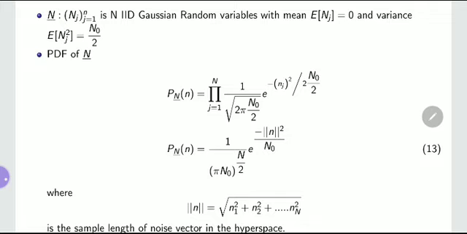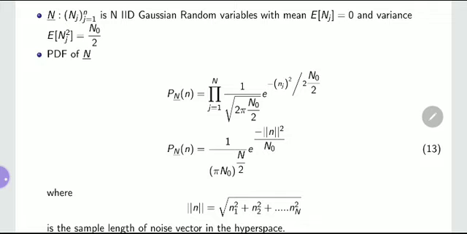So the PDF is given as product over j equal to 1 to n of 1 by root of 2 pi. That is the equation of a single Gaussian random variable, 1 by root of 2 pi sigma square e raised to minus x minus mu the whole square by 2 sigma square.